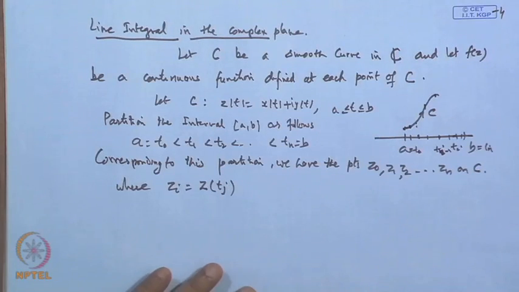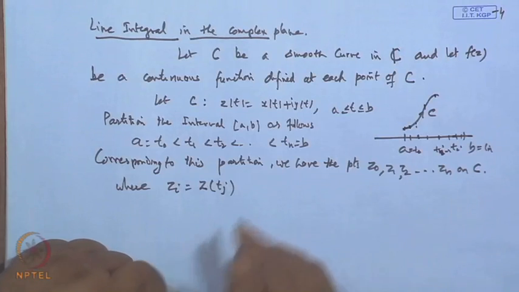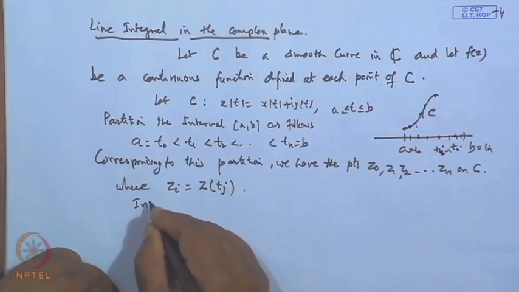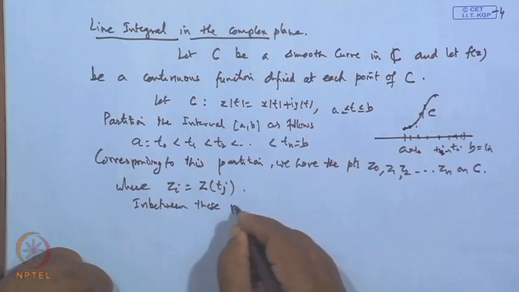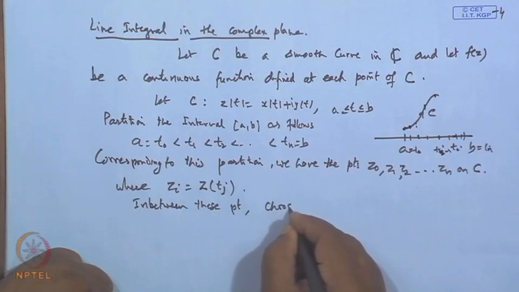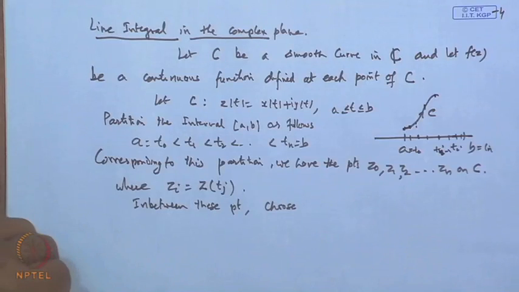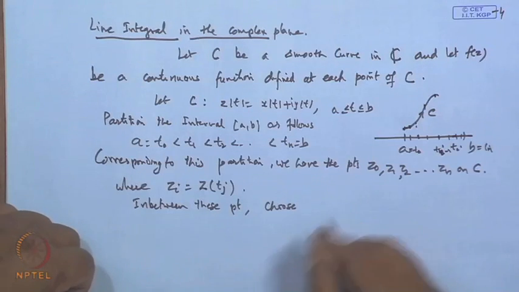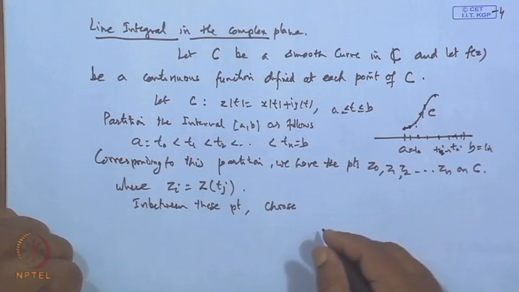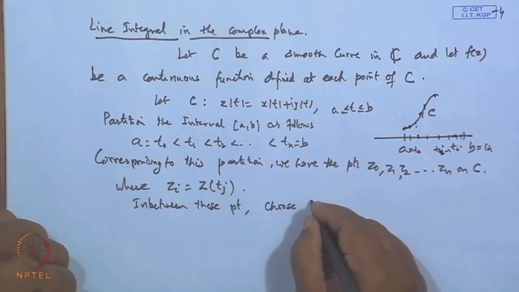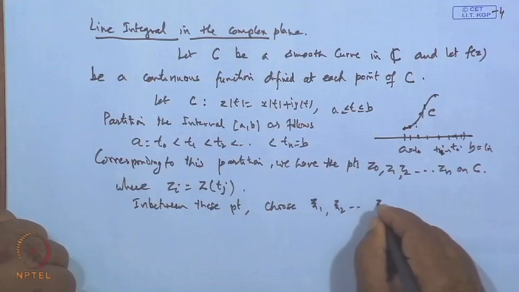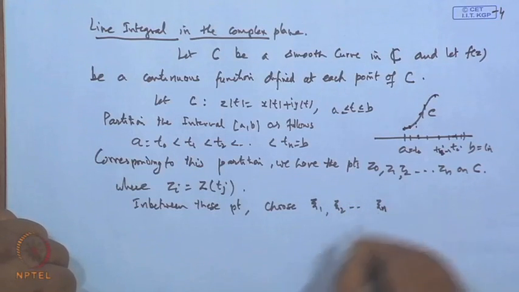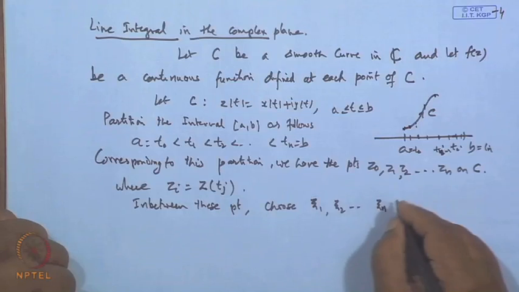Now, in between these points, let us choose points ζ₁, ζ₂, ..., ζₙ on the curve.